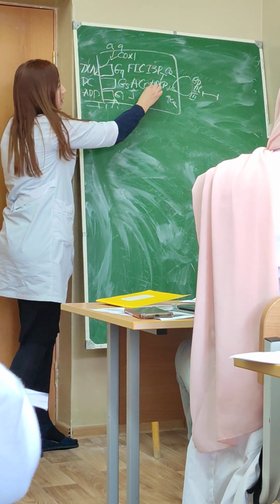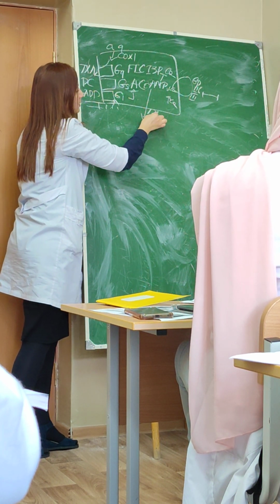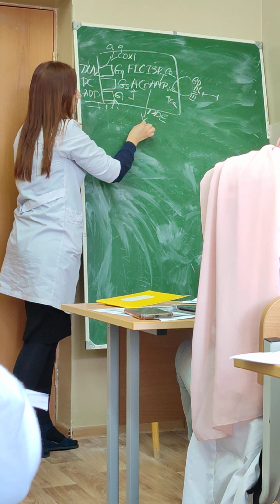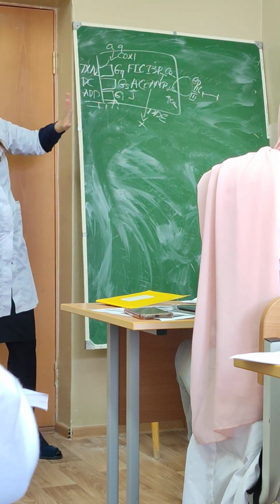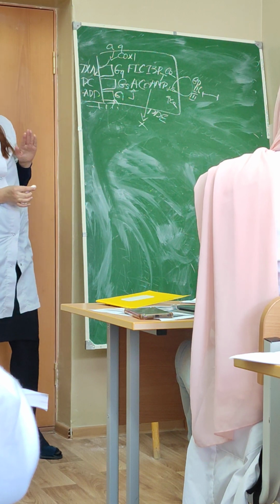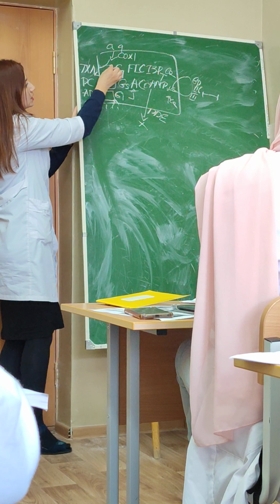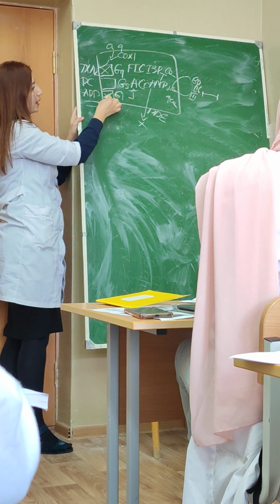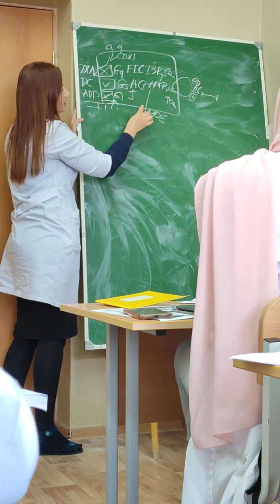Then cyclic AMP may be destroyed. Yes, this information you know. It is aggregation. To prevent aggregation, we need to block this way, or to activate this way, or to increase cyclic AMP.